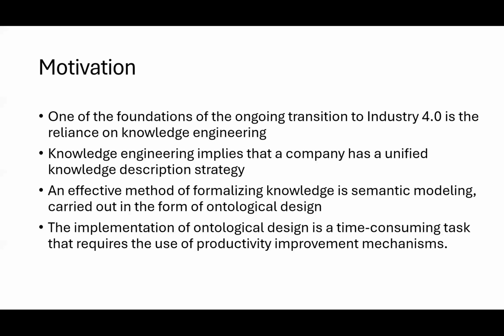One of the foundations of the ontology transition to highly automated technologies in Industry 4.0 is the reliance on knowledge engineering. This process implies that the company has a unified strategy for formalizing, processing, and further using corporate knowledge.